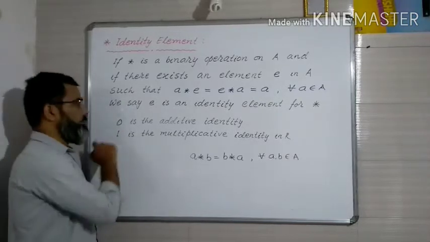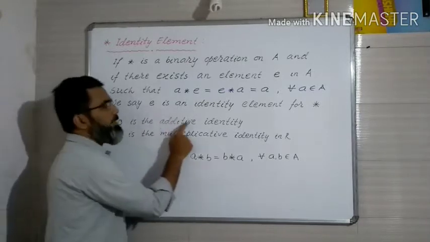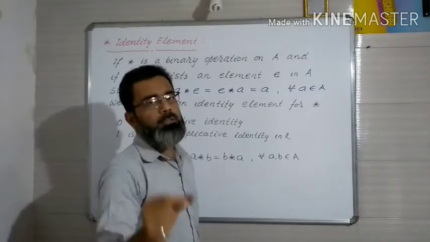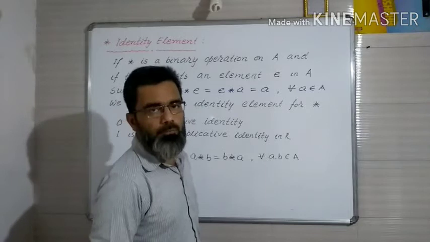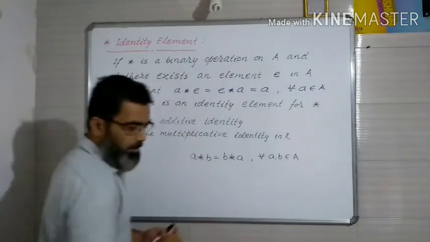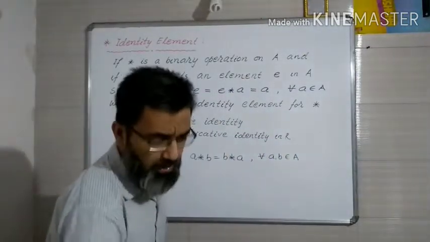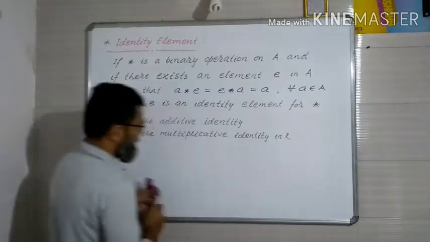It is 0. Right? So we can say that 0 is the additive identity because it is the identity element of operation addition. So we can show this by using binary operation like this.